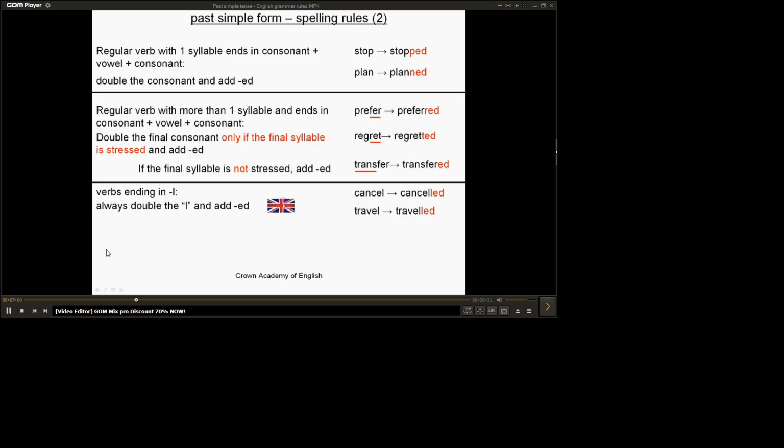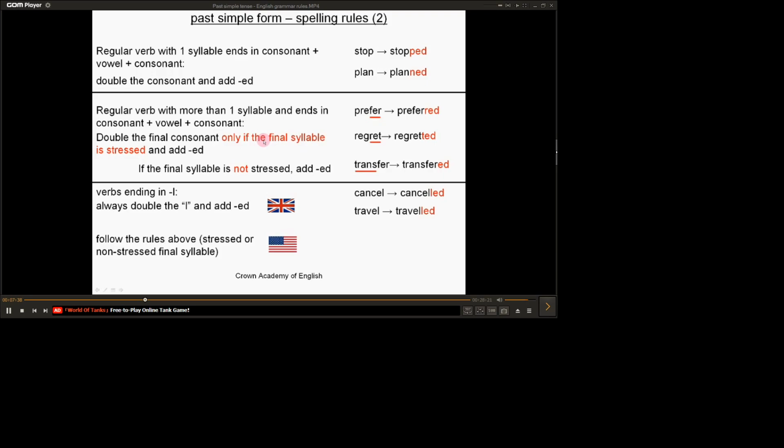So we look at the final syllable to see if it is stressed, and if it is, we double the final consonant and then add ed. And if it isn't, we just add ed.